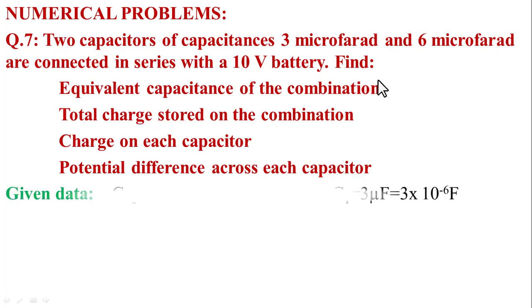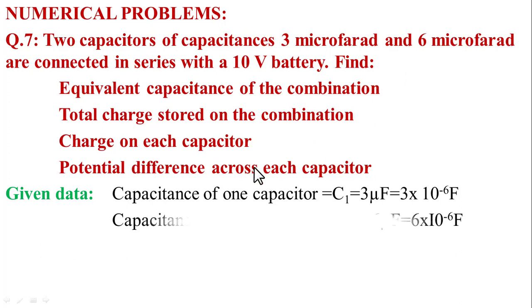First of all, according to the given data, the capacitance of the first capacitor is C1 equal to 3 microfarad, that is 3 multiplied by 10 raised to power minus 6 farad, and the capacitance of the other capacitor is C2 equal to 6 microfarad, that is 6 multiplied by 10 raised to power minus 6 farad, because 1 micro is equal to 10 raised to power minus 6.